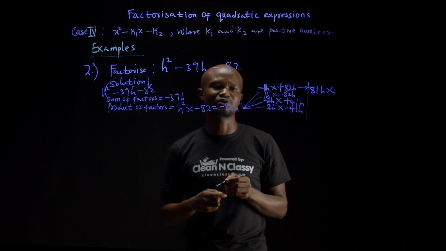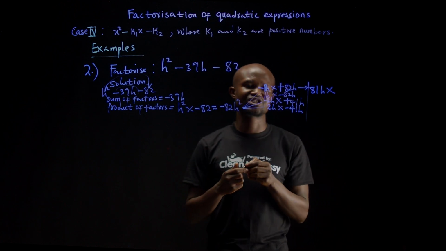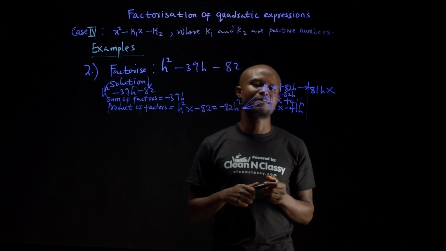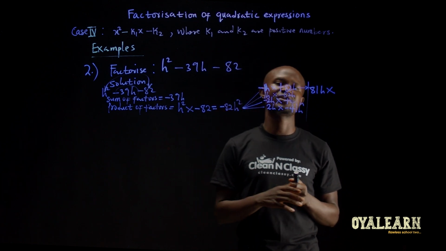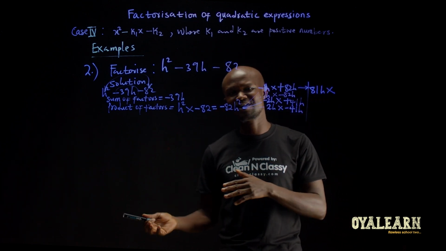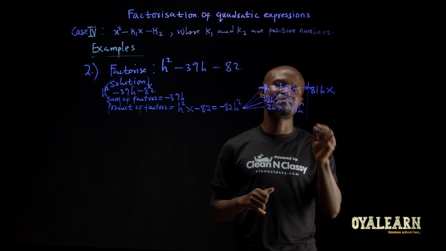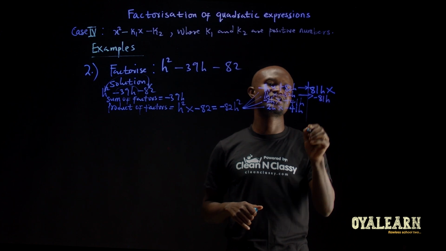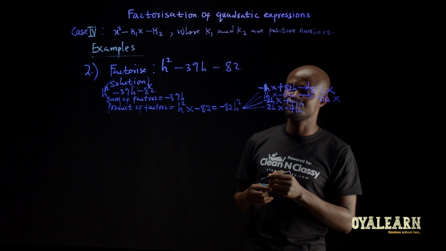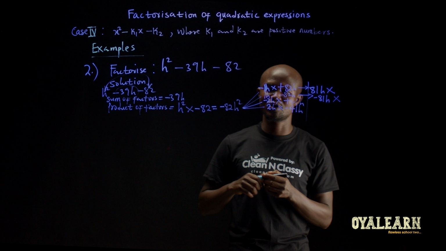So this one is out of it. 1h plus minus 82h, that is 1 minus 82. Bigger number from smaller number, that will give us minus 81. Minus 81h is out of it. Does not satisfy the sum condition.